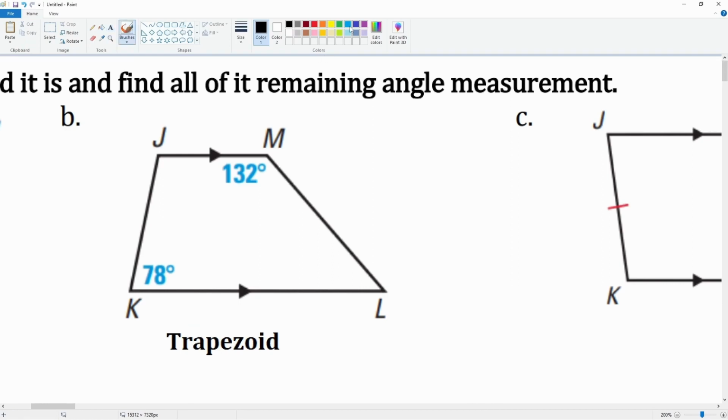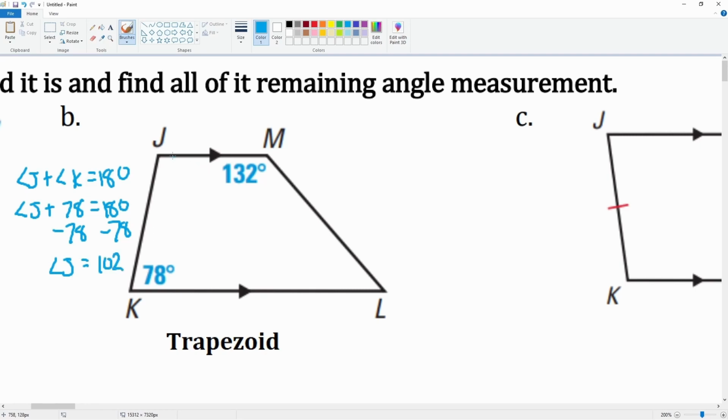So we know if this is 78, we can know what J is because J plus K has to be equal to 180. Angle J plus 78 is equal to 180. So if we subtract 78 from both sides, angle J is equal to, let's see, 180 minus 78, which is 102.